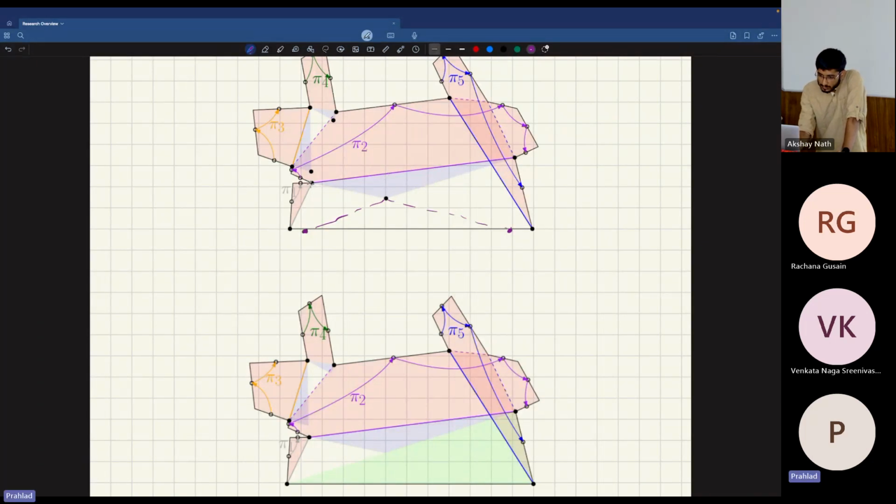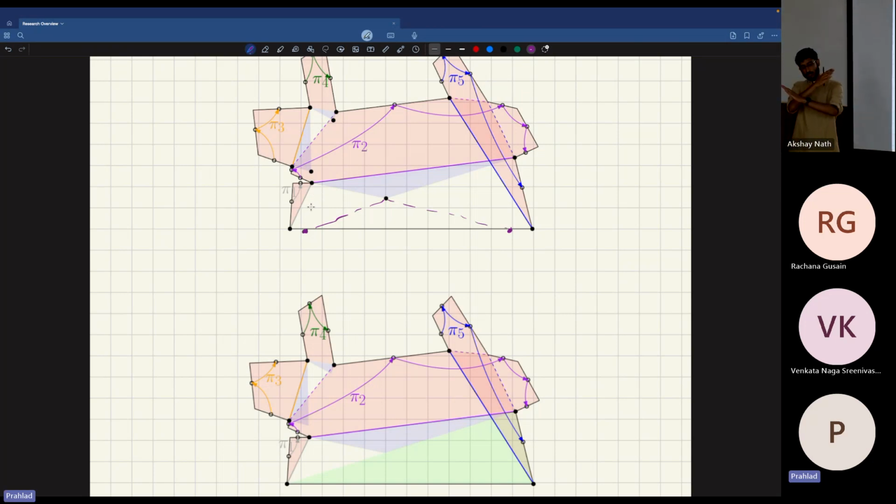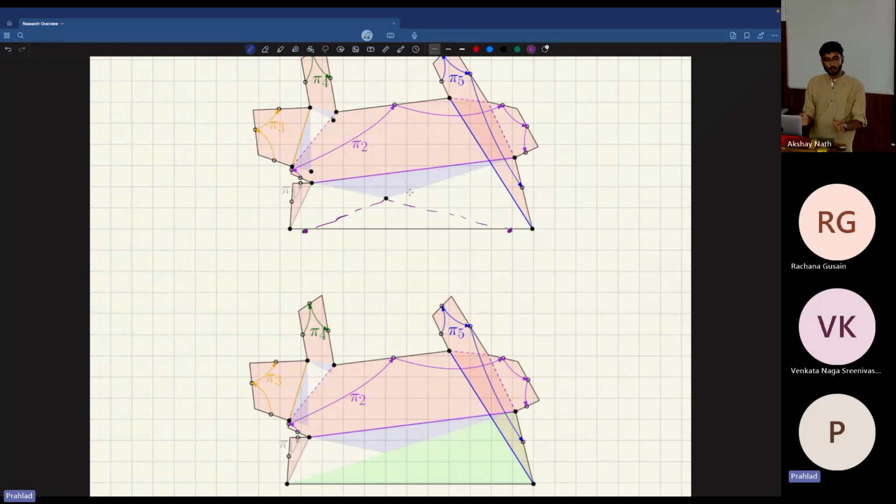What you do is look at the leftmost point that the right side of the base sees, and the rightmost point that the left side of the base sees. It turns out that if you join them, they do intersect. We have a small proof with a couple of lines. And then this forms a triangle with the base.